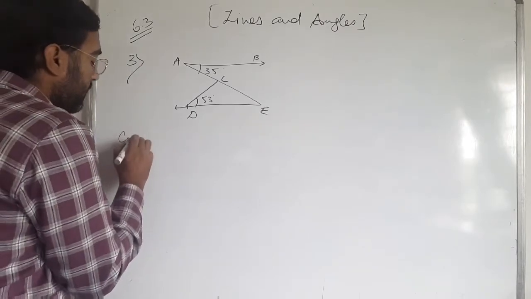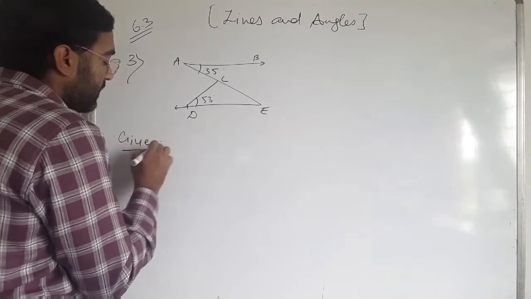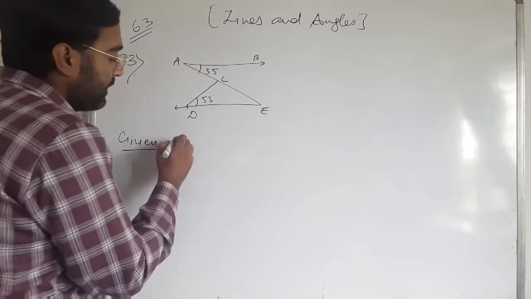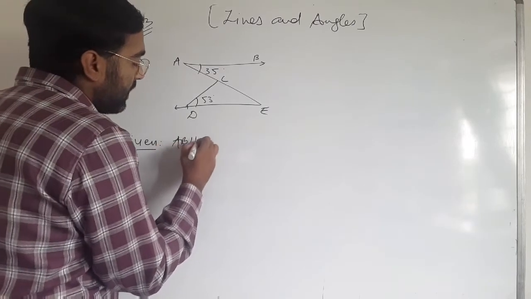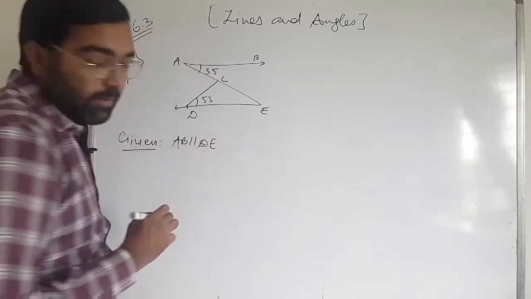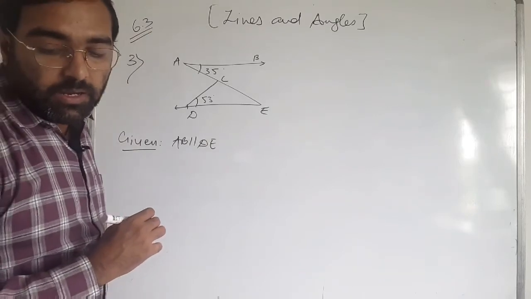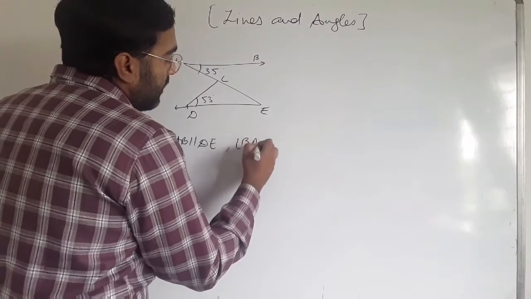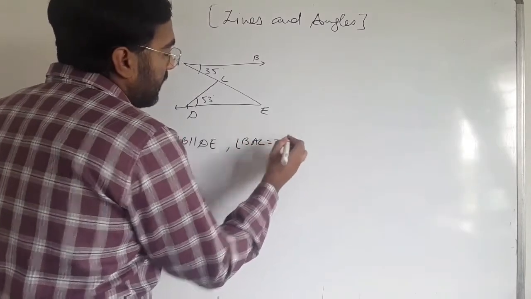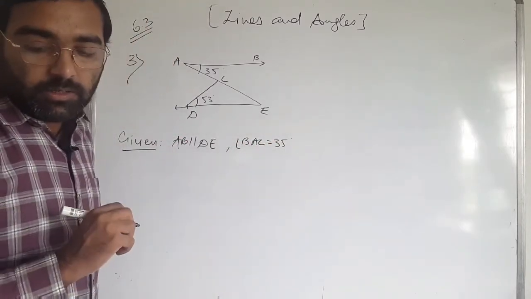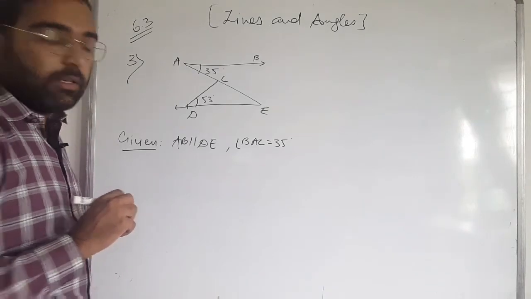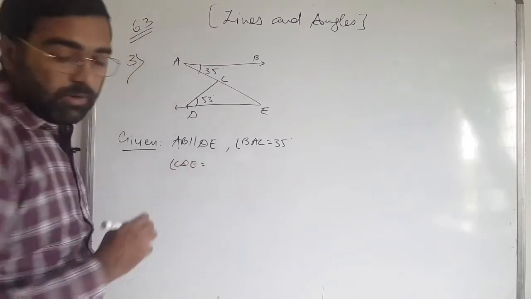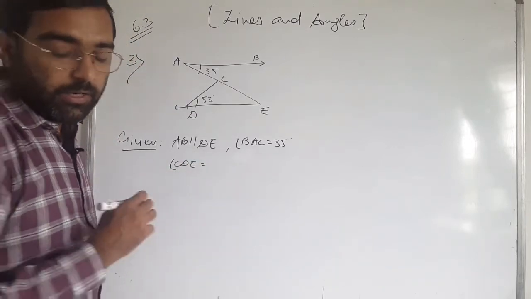Now we have to write what is given. AB is parallel to DE, and angle BAC is equal to 35 degrees. Second, angle CDE is equal to 53 degrees.